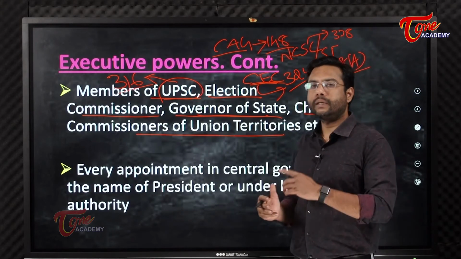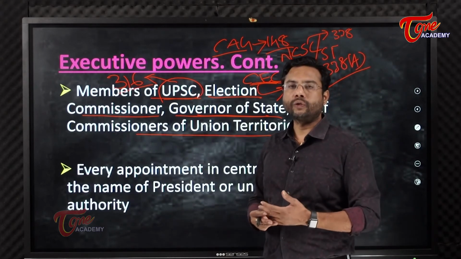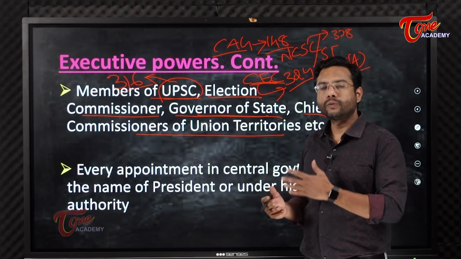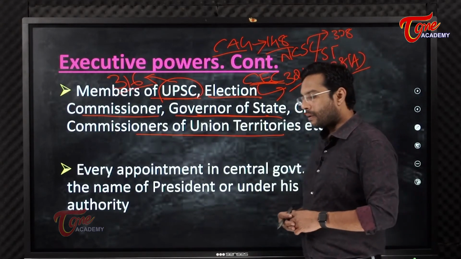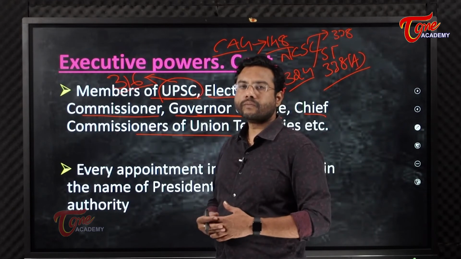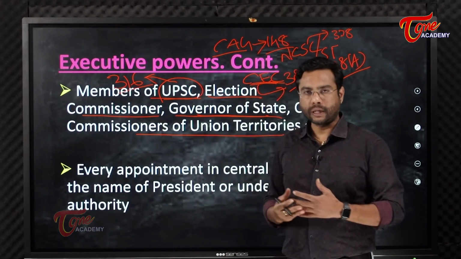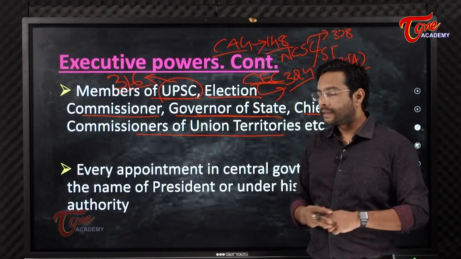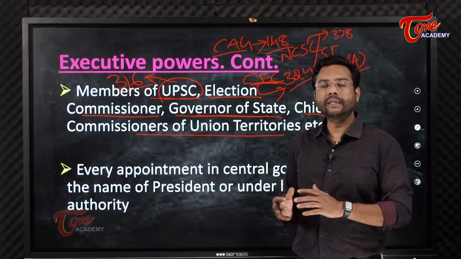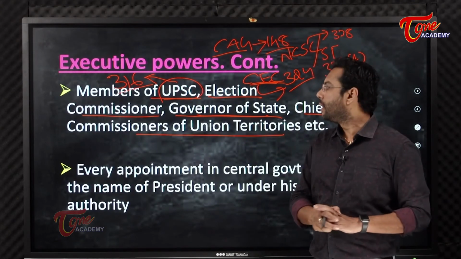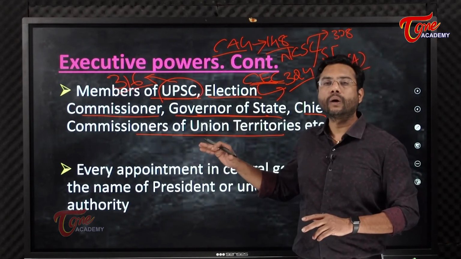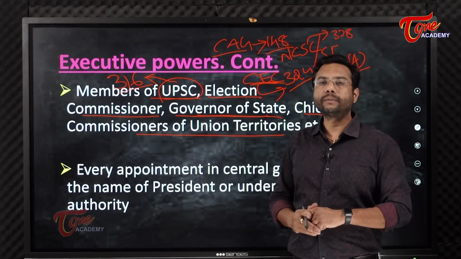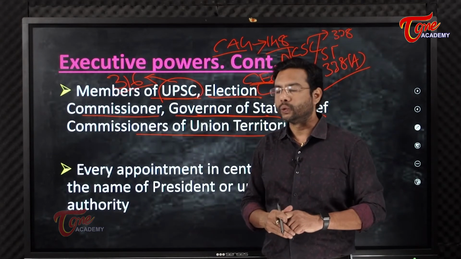For example, by the process of bringing a bill to remove a Supreme Court judge, or to remove an election commissioner or the Chief Election Commissioner, we have to follow a certain process that we will discuss when we discuss the constitutional bodies. So here the President holds a lot of executive power when it comes to the administration of the union government.